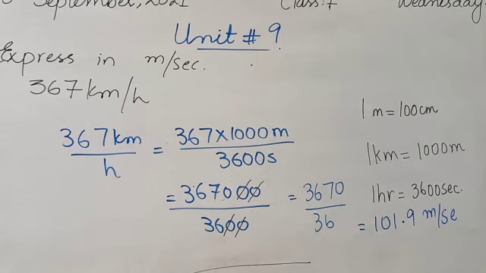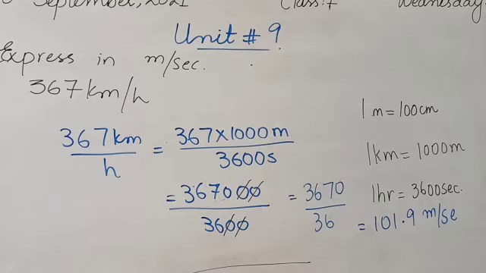Okay? So there are simple steps. Just use the conversion factors and simplify. For example, in this question, if we want to convert it into meter per second, the simple steps involved are: first of all, use the conversion factors for kilometer to meter and then hours into seconds.